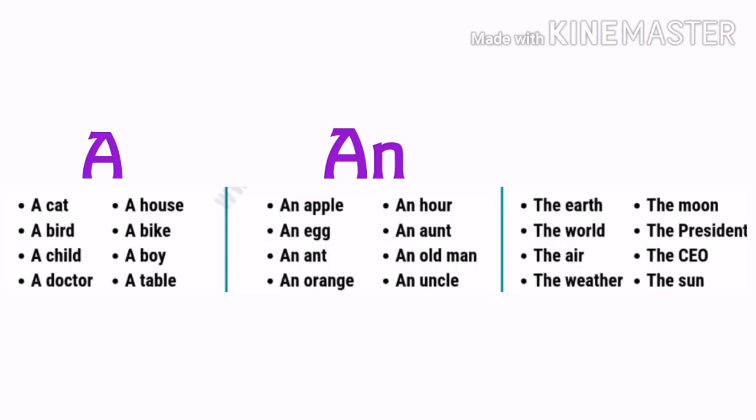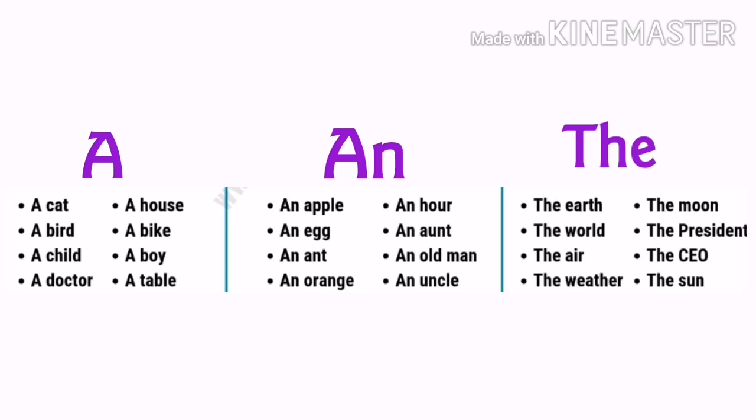Let's see some other examples. Article a: a cat, a bird, a child, a doctor, a house, a bike, a boy, a table.